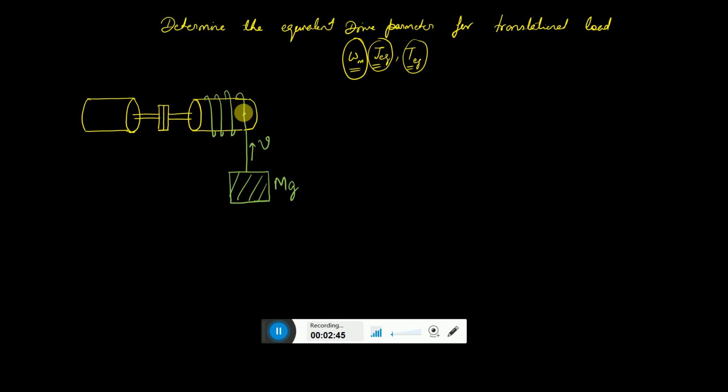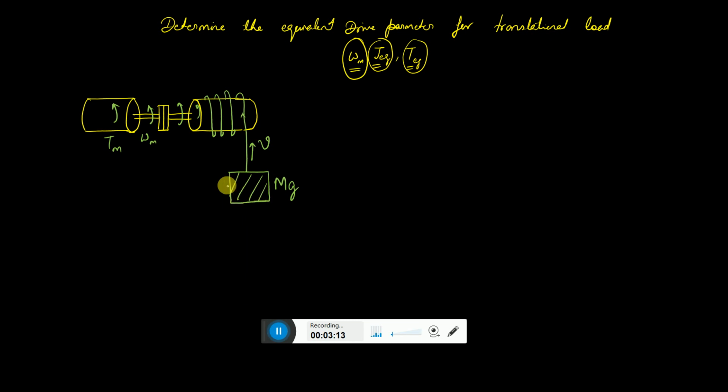You need to give a pull over here, so you need to rotate it anti-clockwise. To rotate this side anti-clockwise, you have to give an electromagnetic torque in the same direction as the motor motion. So if the direction of omega m is taken positive, Tm is positive.